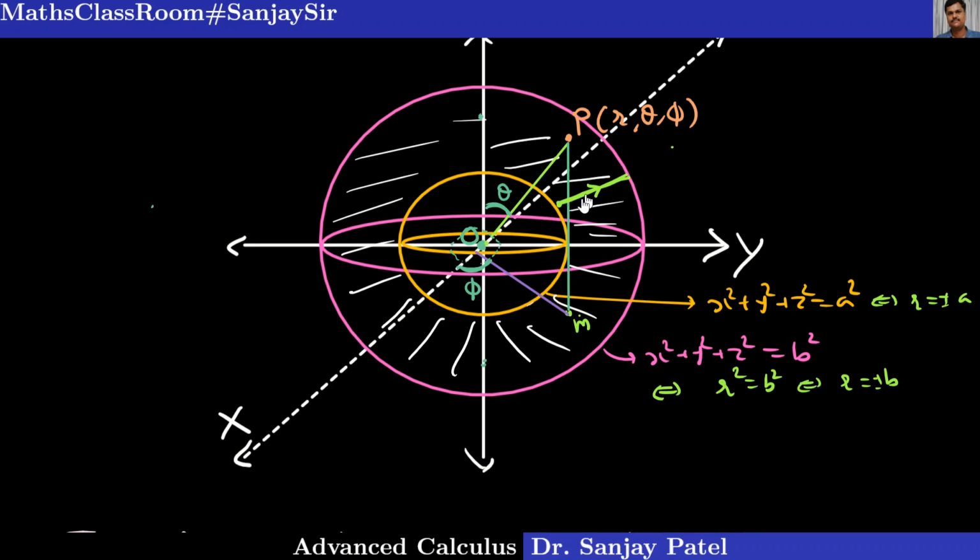So in the first octant, r goes from r is equal to a to r is equal to b. The equation of the inner sphere is r is equal to a, and the equation of the outer sphere is r is equal to b. What I am concentrating on is only the first octant, where x, y, z are all positive.